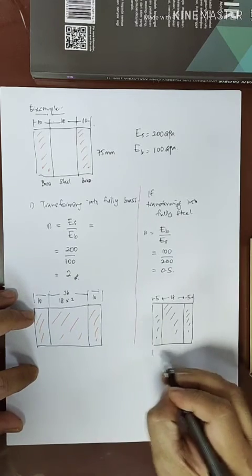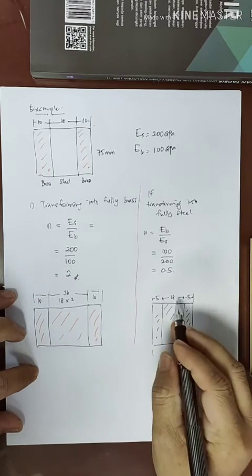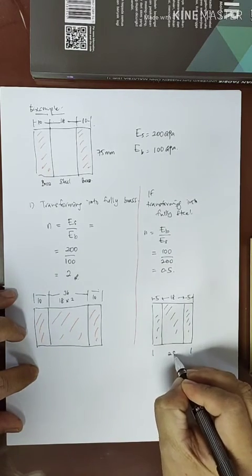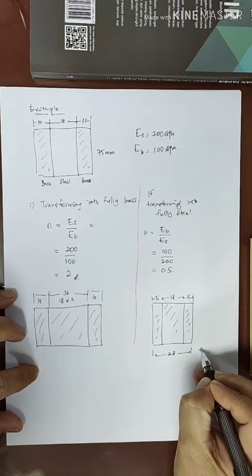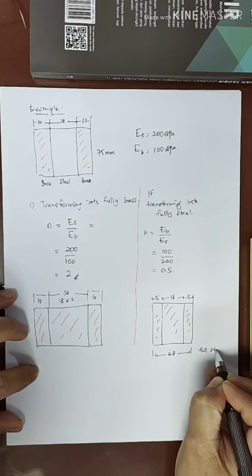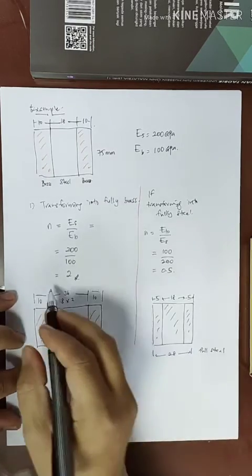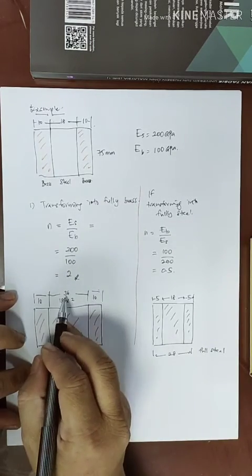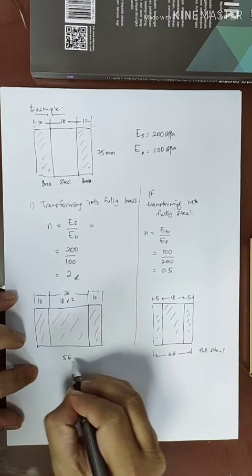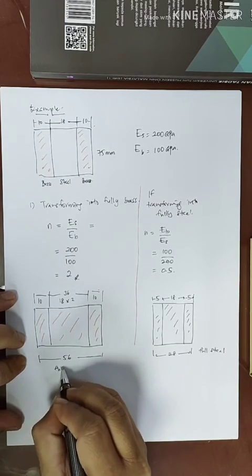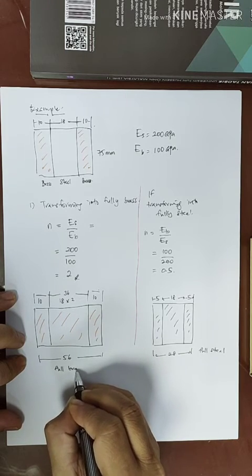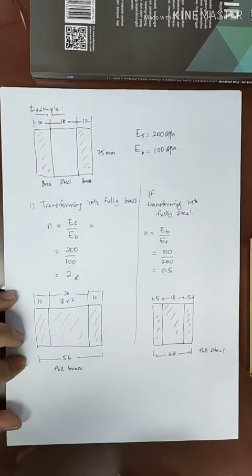So the total length is about 28 of full steel. Here 10, 20, 56 of full brass.